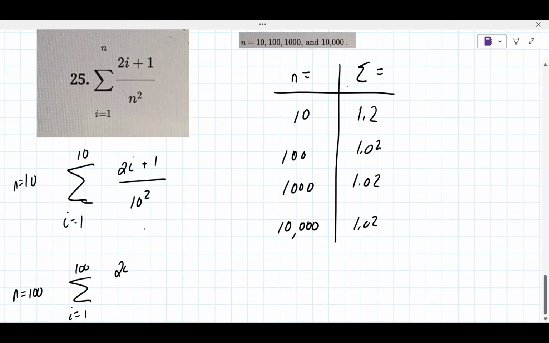So 2i plus 1, but now it's over 100 squared. So you're literally putting that n value in there each time. This one ends up converging to about 1.02 roughly.